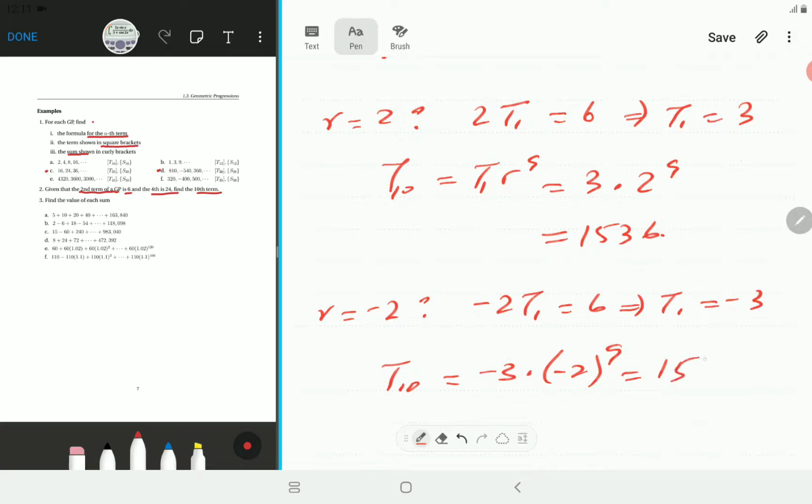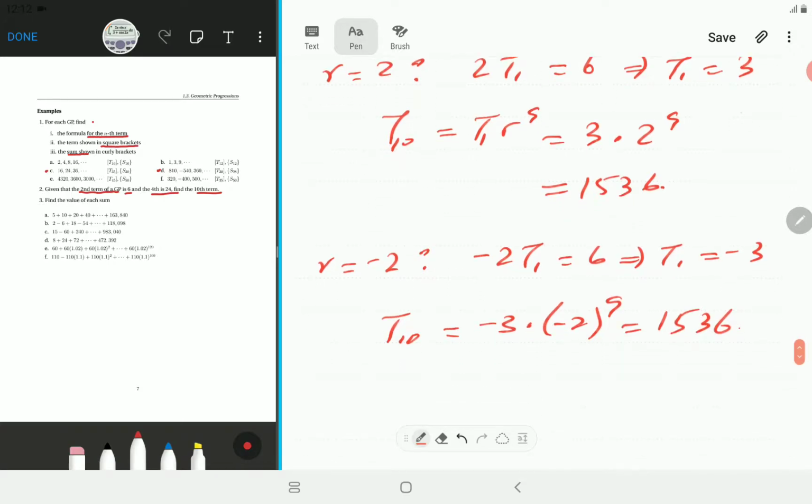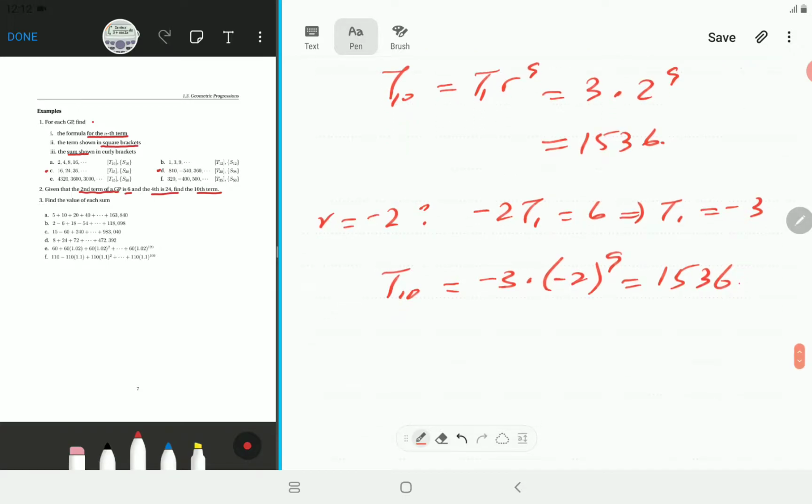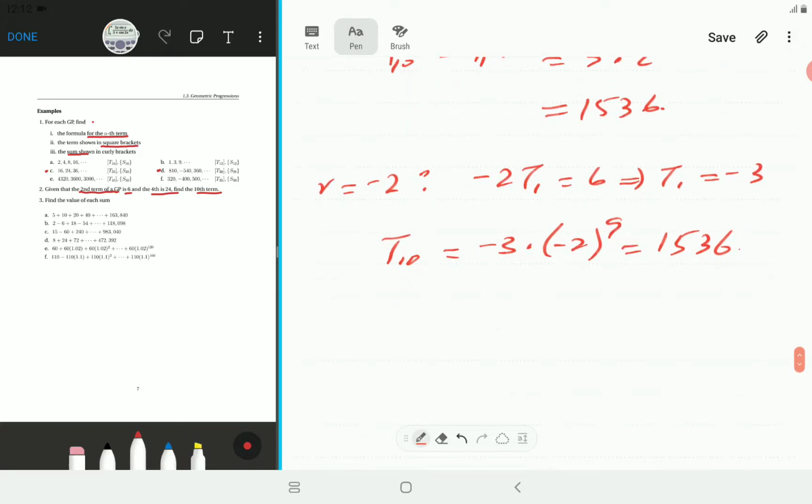And you're going to find that it works out exactly to the same value. But these are two different progressions. The one with R is 2, all the numbers are positive. The one with R is negative 2, the terms oscillate between negative and positive.